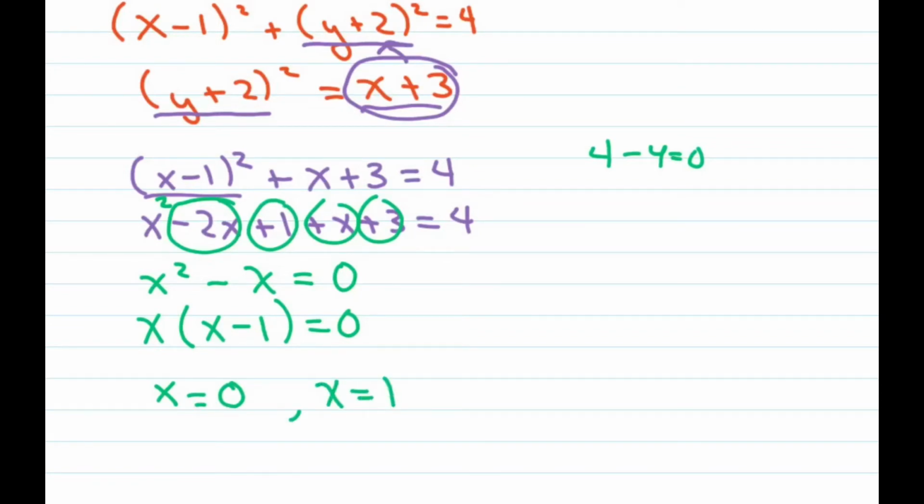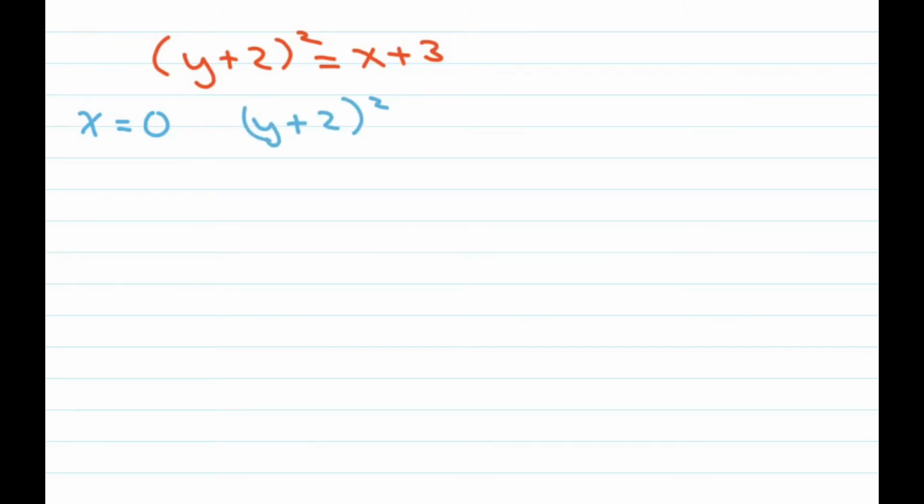And now what we're going to do is plug these x's back into this equation and find my y. So I'm going to write that equation. So that's going to be y plus 2 squared equals x plus 3. So when x equals 0, we got y plus 2 squared equals 3.